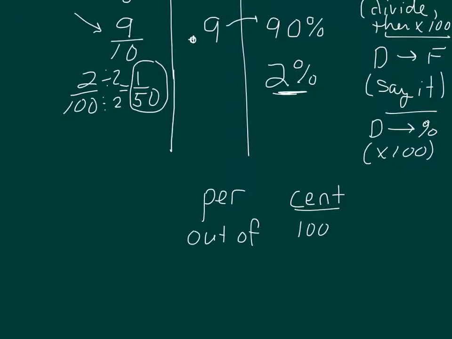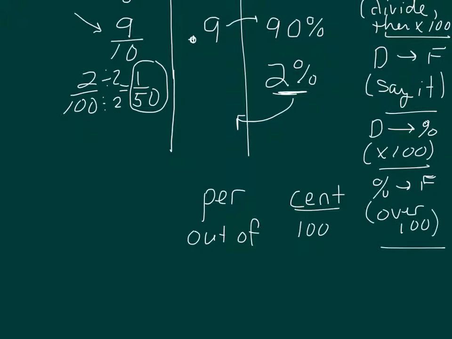To go from a percent to decimal, I forgot to write what I just did. We just went from a percent to a fraction. It's just over 100.